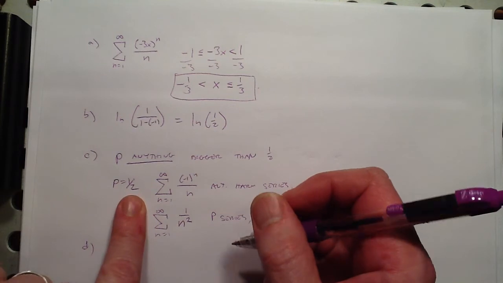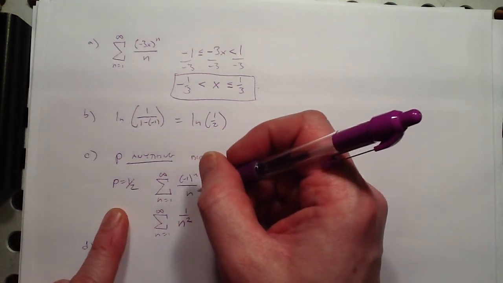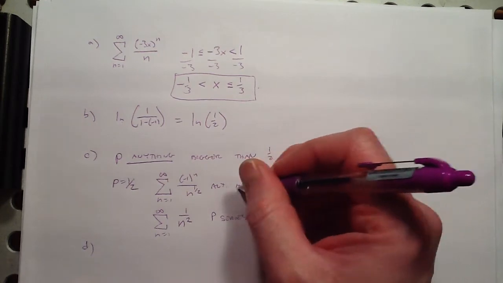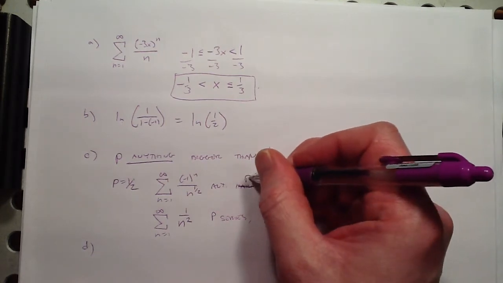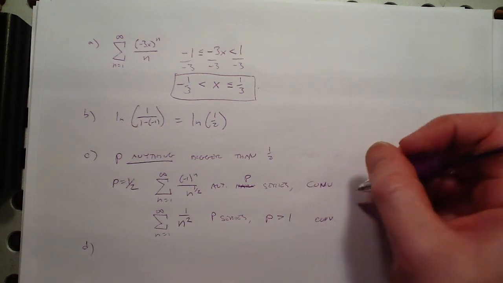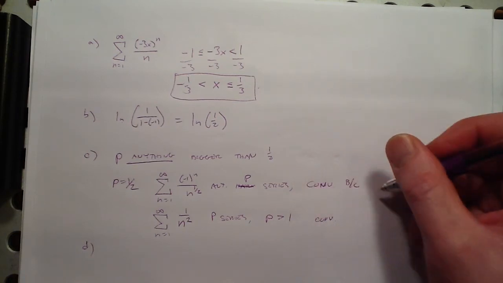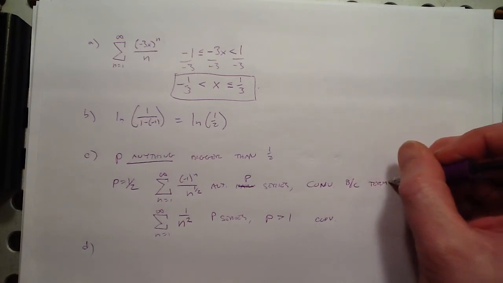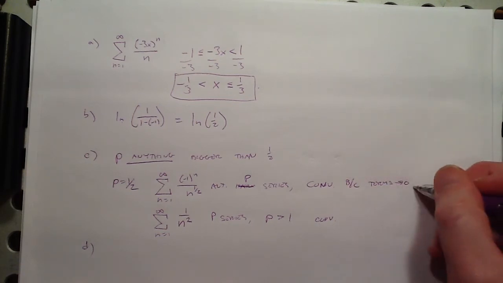So if p was 1/2, then this would be, so that's not the alternating harmonic series, it's an alternating p series, and that's going to converge because the terms are approaching 0 and it alternates.